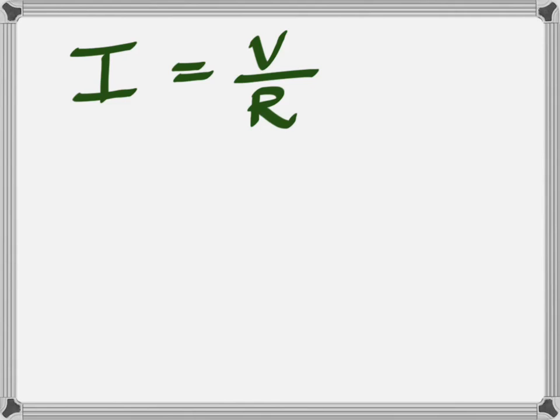And then we have Ohm's law, according to which the current flowing I is voltage by resistance. And voltage is measured in volts.